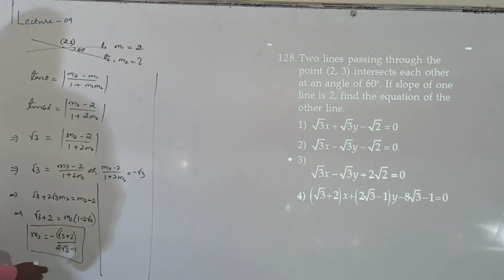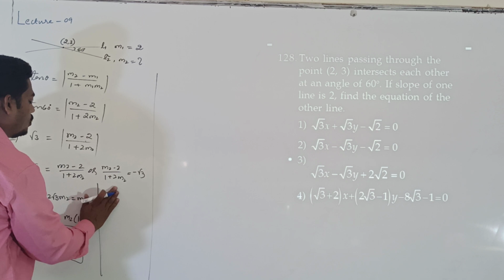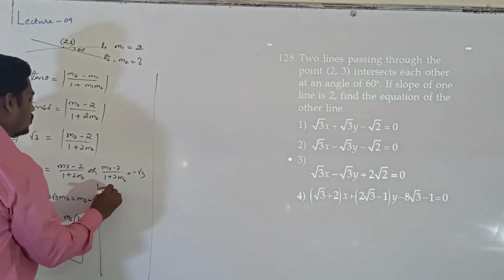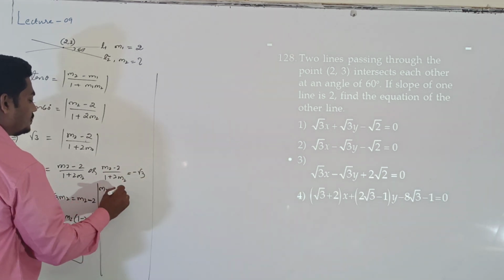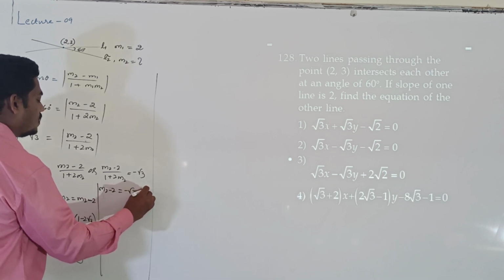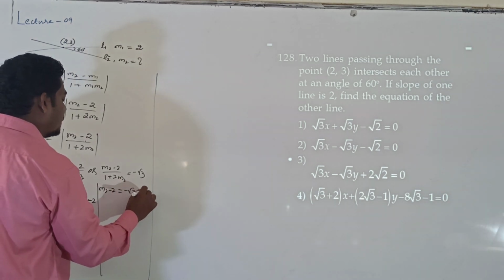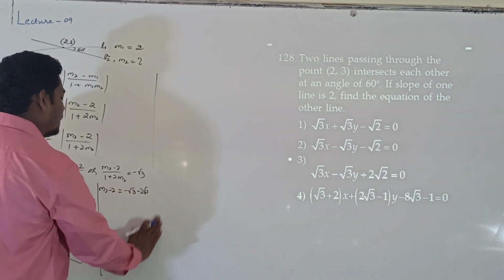Slope of other line: if you simplify this one, then you get m2 minus 2 is equal to minus root 3 minus 2 root 3 into m2, right?